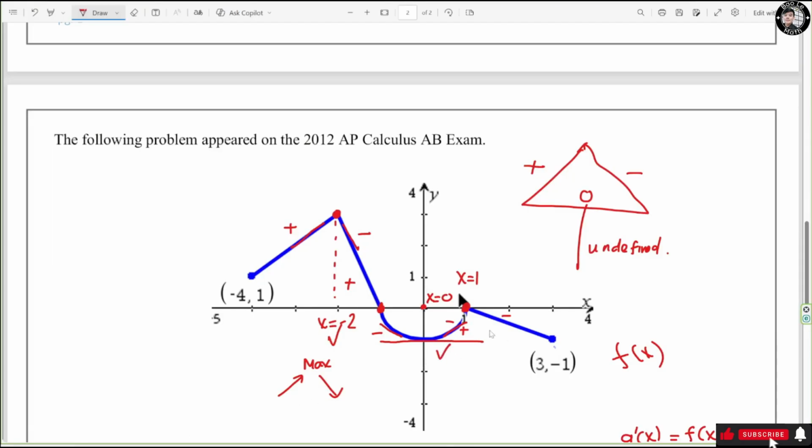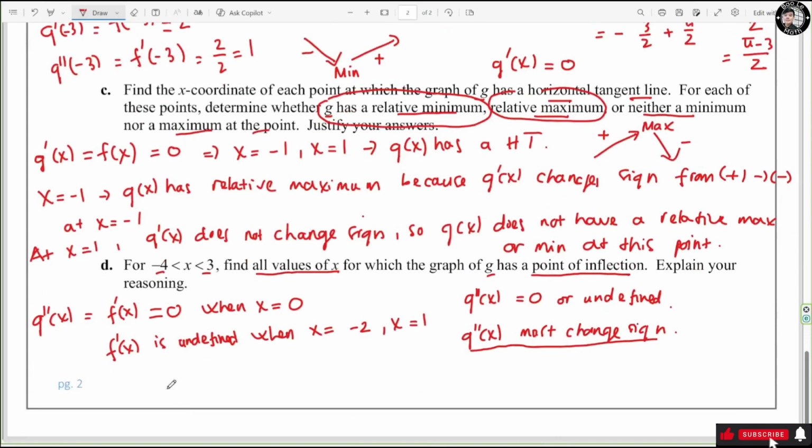Now this one positive and this one negative, so this one works. So finally, the function g has a point of inflection at s equals -2, s equals 0, and s equals 1 because g double prime of s equals f prime of s changes sign at those values.